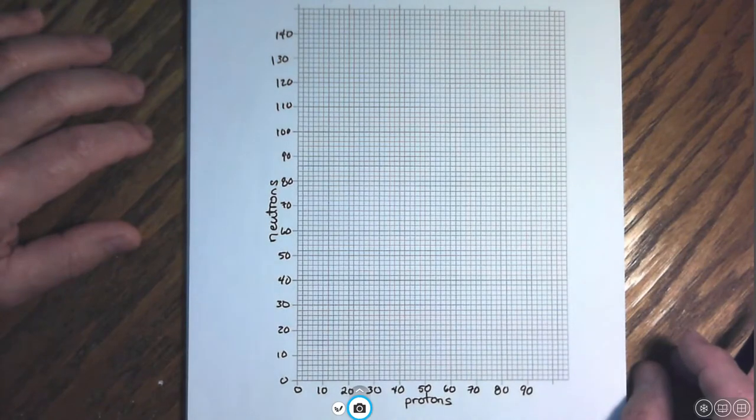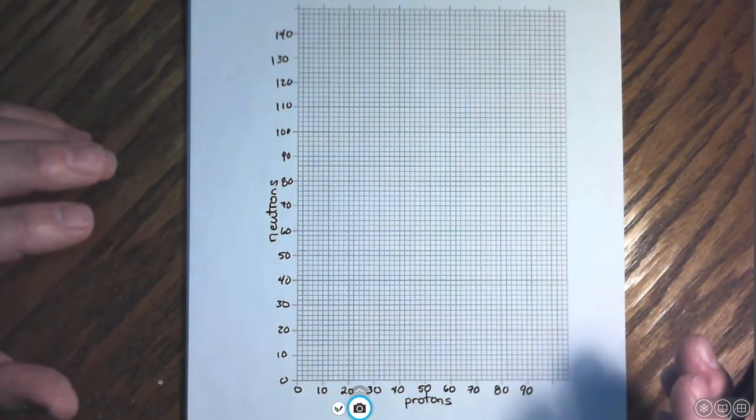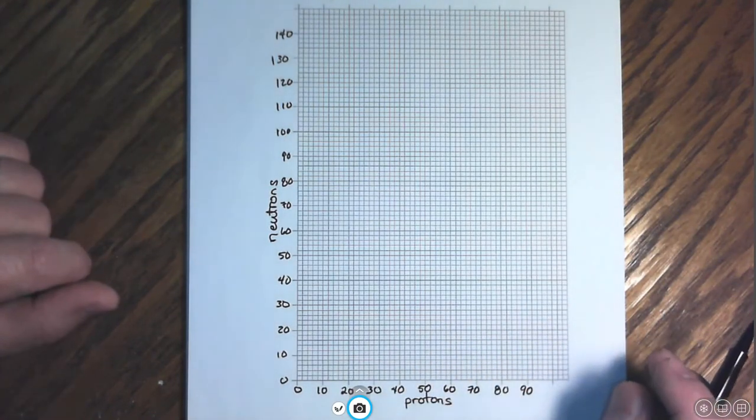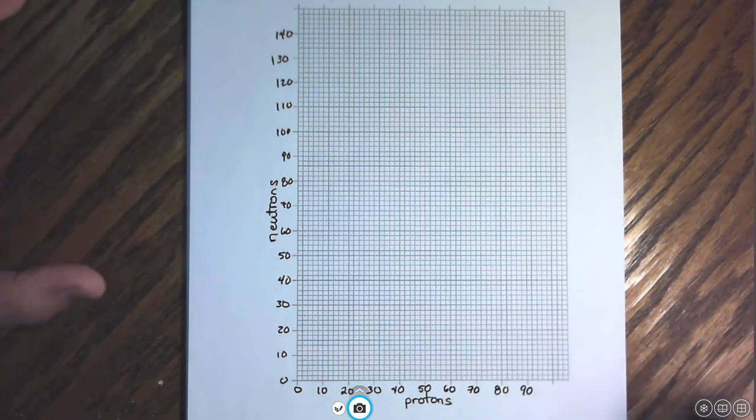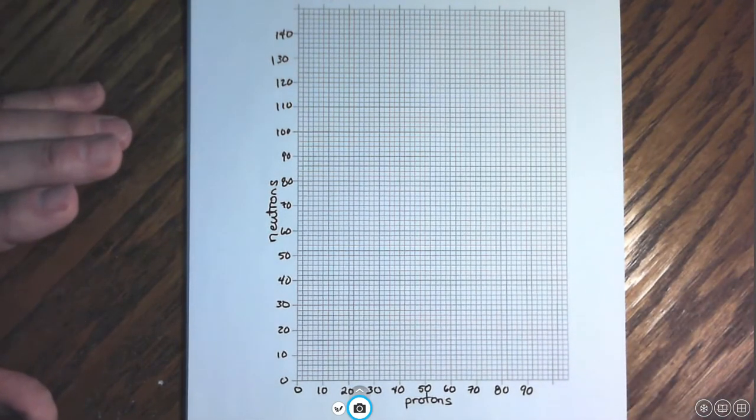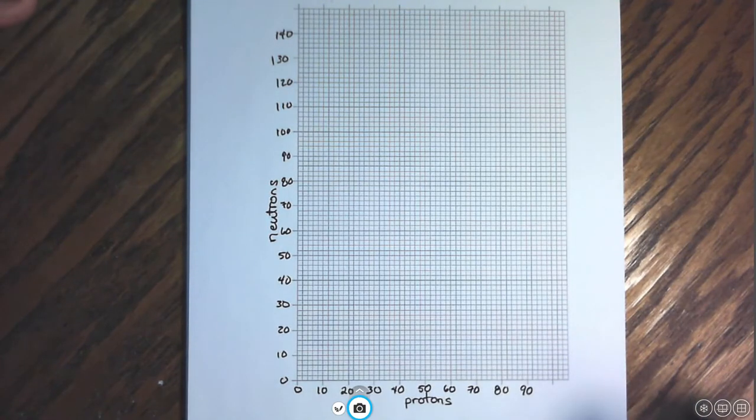Well, I'm sorry, 82 elements and all these different isotopes that are stable. We're going to have just a general representation here. But it's going to help you, I hope, to understand the proton and neutron ratio for those isotopes that are stable. Okay?